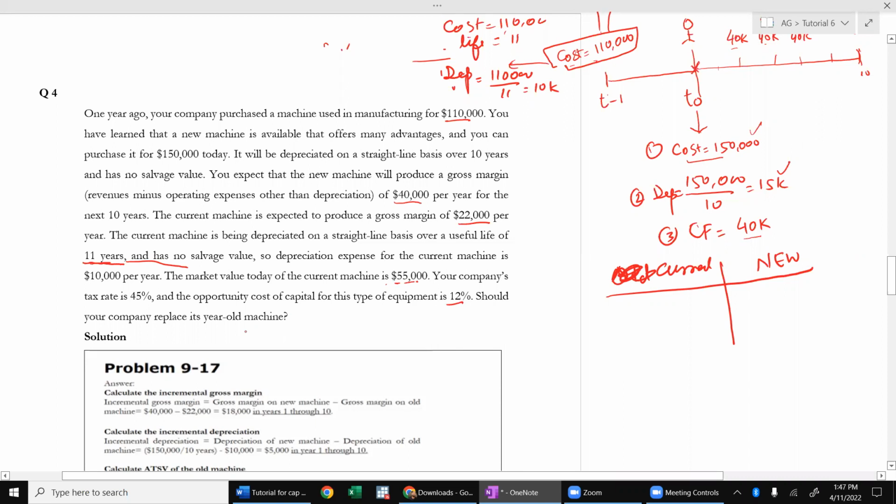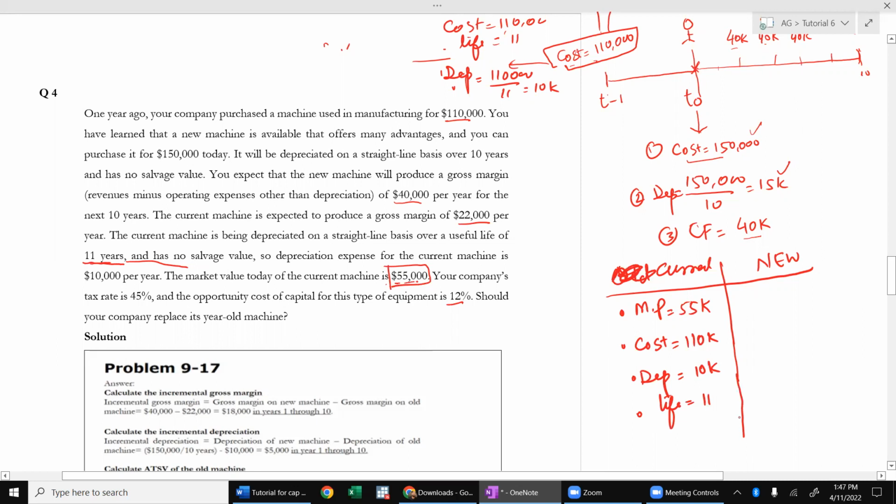Okay. So let's put this information in this box. So once you get it, then it will be very easy. First of all, the market price today, the question has given you, is 55,000. Okay. And the cost when we had bought it last year was 110,000. And depreciation every year was 10K and life was 11 years.